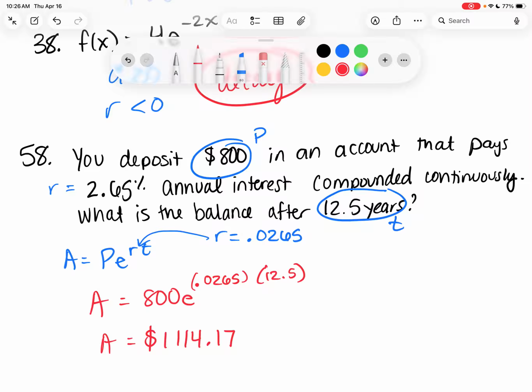When we come back to compounded monthly and so on, with the slightly different formula, what you'll find is that you want to find a bank to put your money in that has a high interest rate. Typically your major banks like Wells Fargo are going to have a lower interest rate, whereas a credit union typically has a higher interest rate.